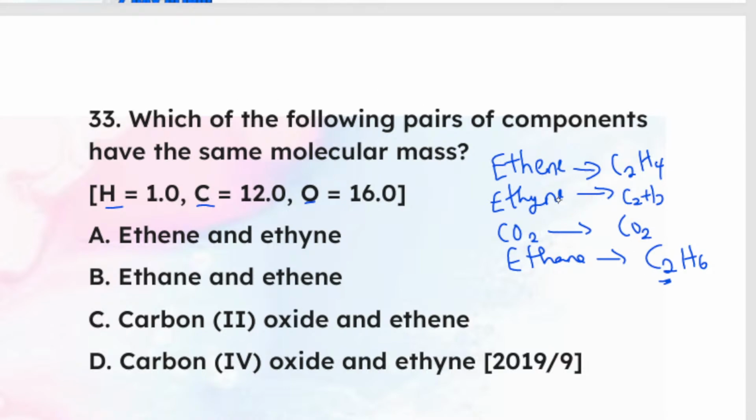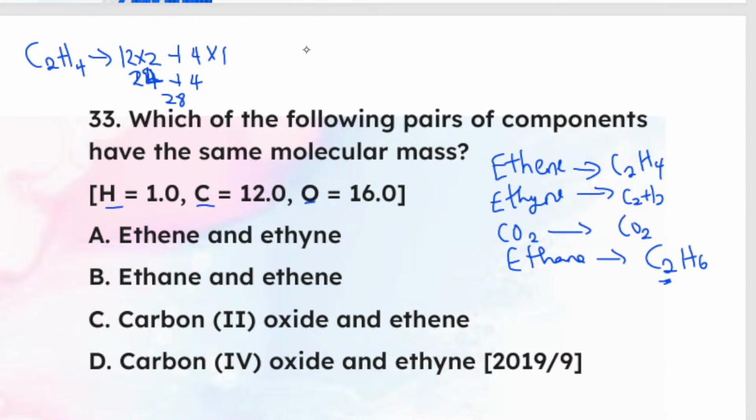Okay, so if we find the molecular mass for ethene, which is C2H4, that's going to be 12 times 2 plus 4 times 1. That gives us 24, right? Plus 4 times 1 is 4. So if we add that together, that gives us 28.